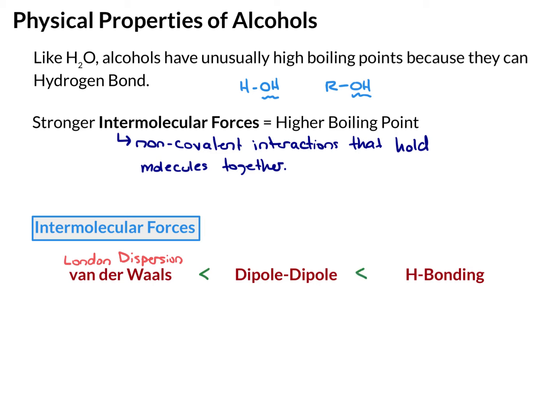So van der Waals forces are the weakest. Hydrogen bonding forces are the strongest. So let's review what these three forces are. So the first, the van der Waals forces, these exist in all molecules.